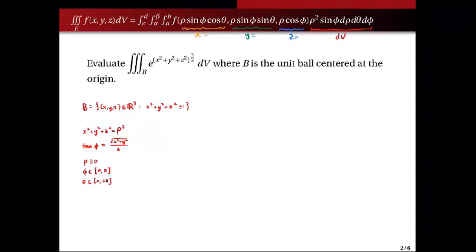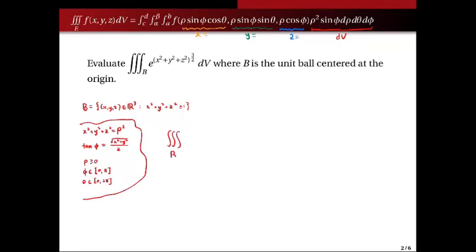Now, in this particular example, we have the triple integral over the ball B of e to the (x squared plus y squared plus z squared) raised to 3 halves dv, with these conversions here.